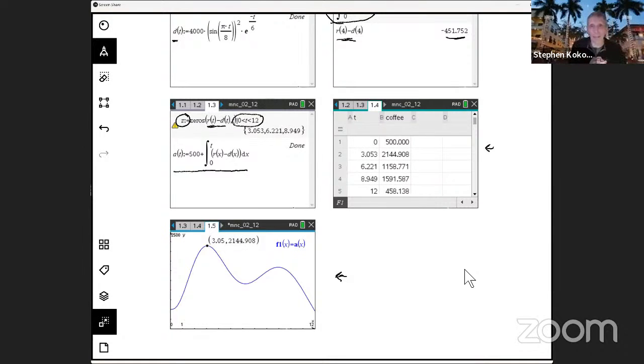And I feel pretty comfortable about this. There's my maximum value occurring at 3.05 roughly. There's my maximum amount of coffee in the urn. I think I've put all of this together analytically. I've got the mathematical expressions. I've got the technology to back it up. I feel pretty good about this answer.